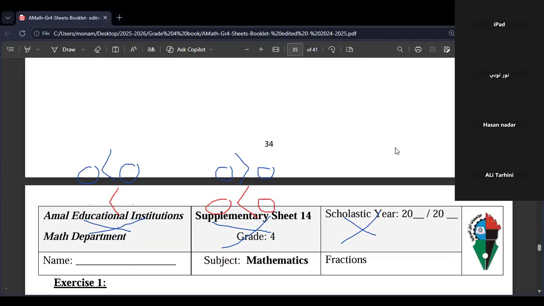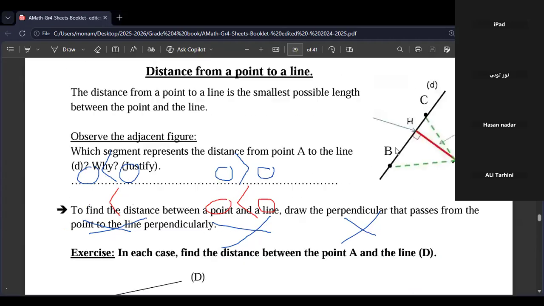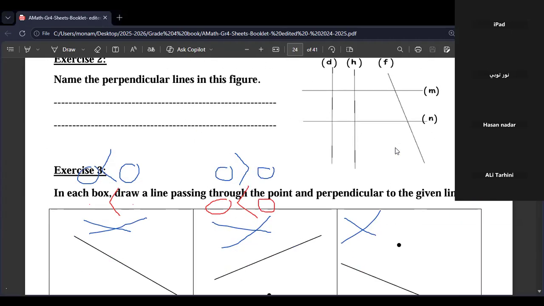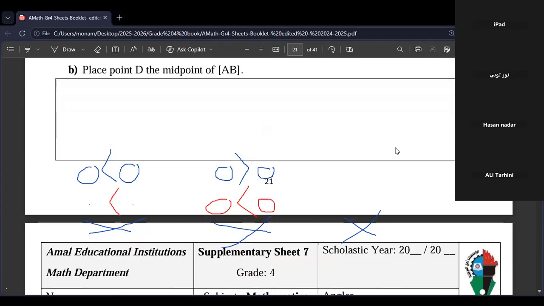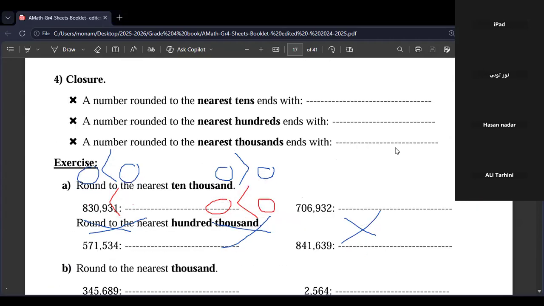Yes. So now open the first paper in revision sheet 3, number 7. The homework, okay?